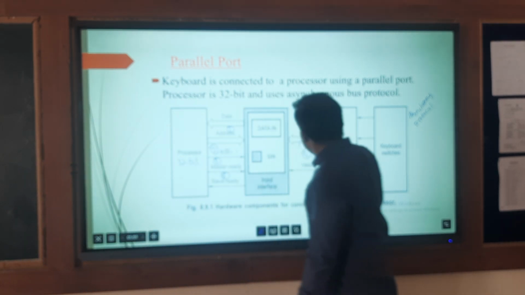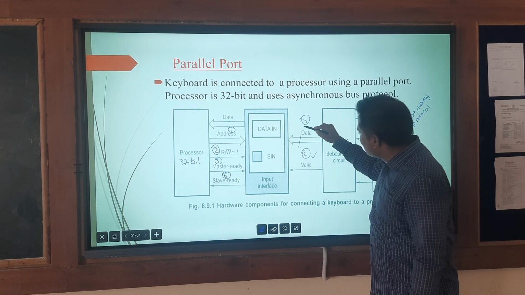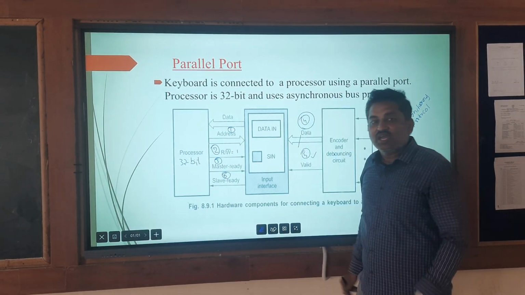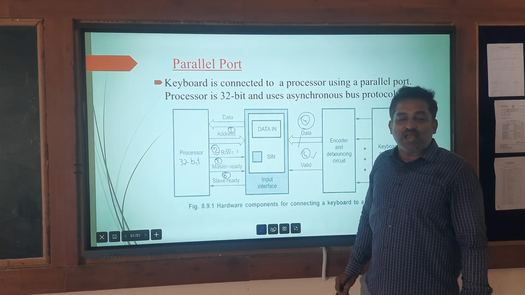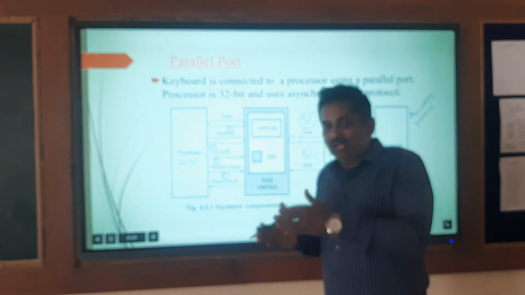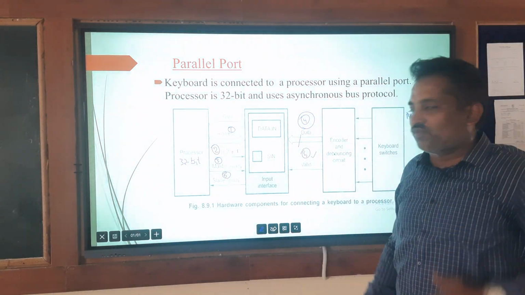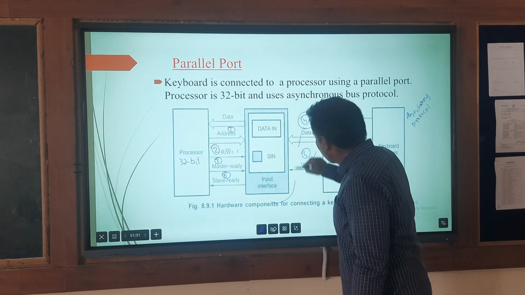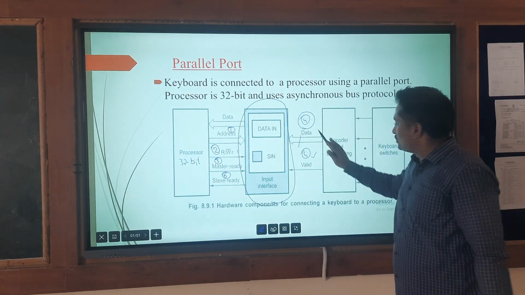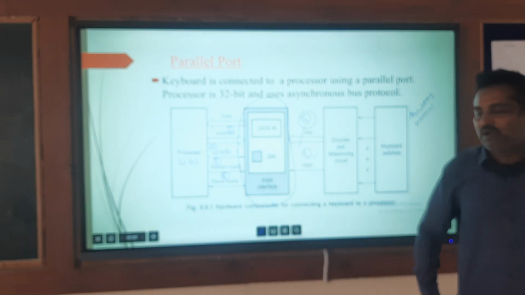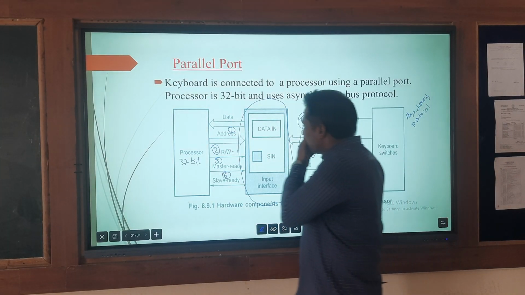Whatever data is placed on the data bus will be transferred to the interface circuit. Why? Because the data transfer between the processor and the input output device is done with the help of the interface circuit. So the data will be transferred to the data in buffer register.